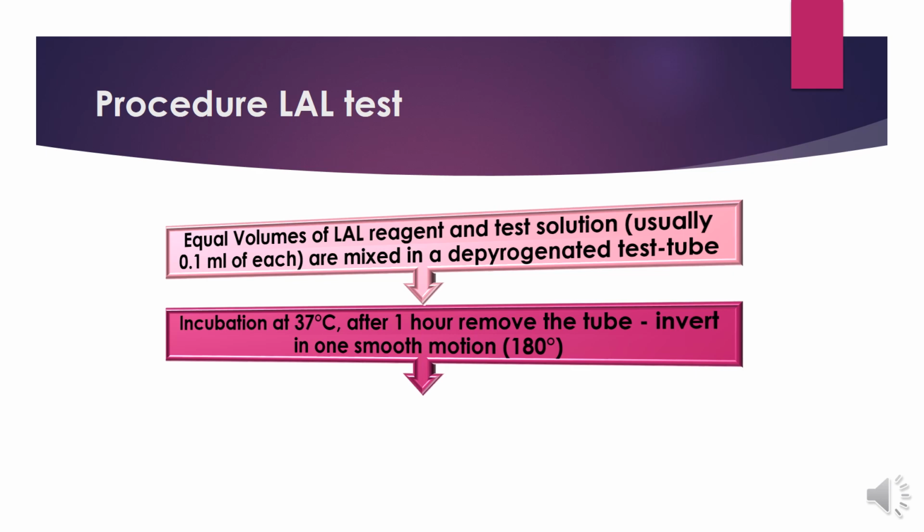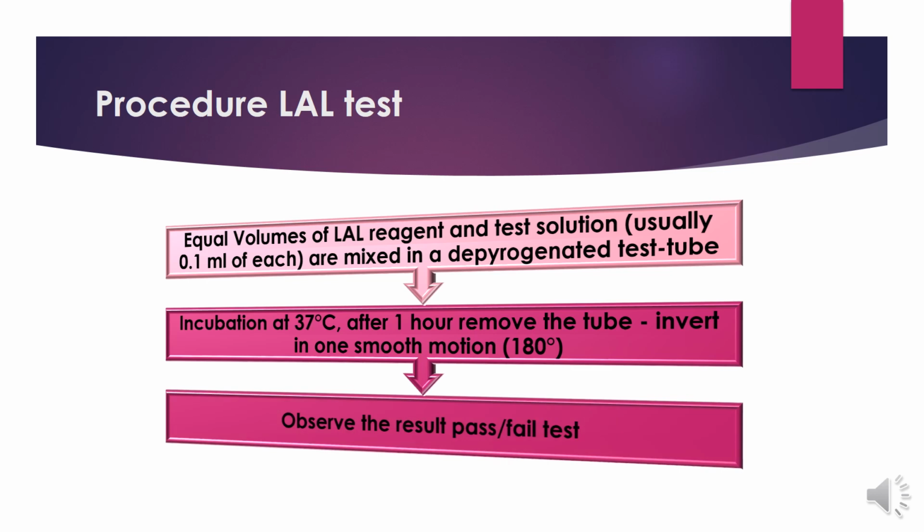So after this incubation time, you bring out your test tubes holding the sample with the reagent and invert them in one smooth motion, so that if the gel is there, it is not disturbed. Then observe the result, which may be pass or fail.